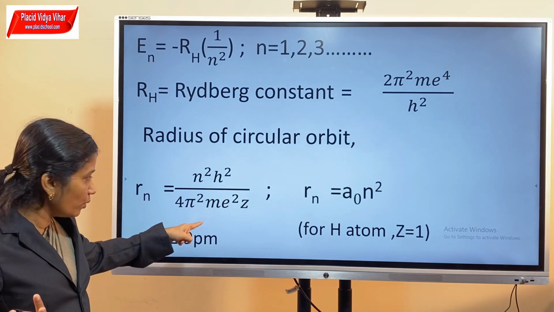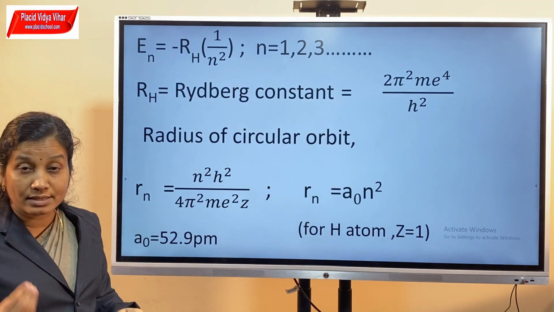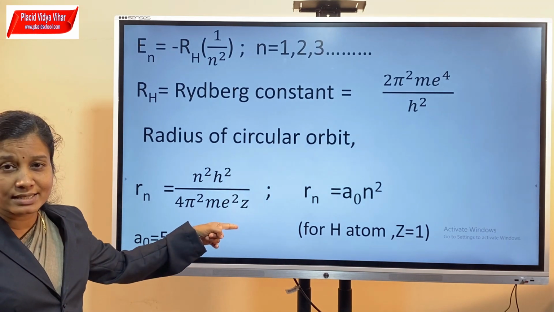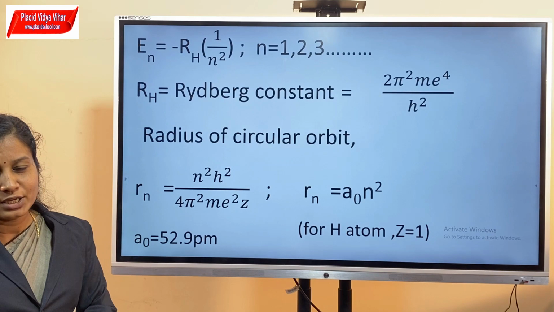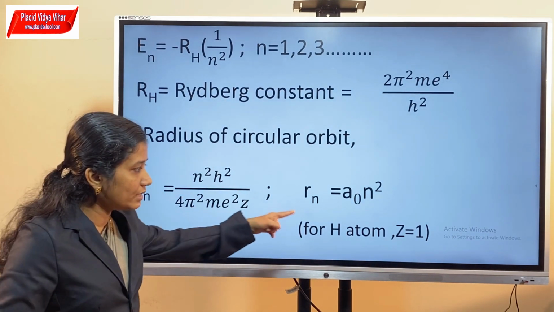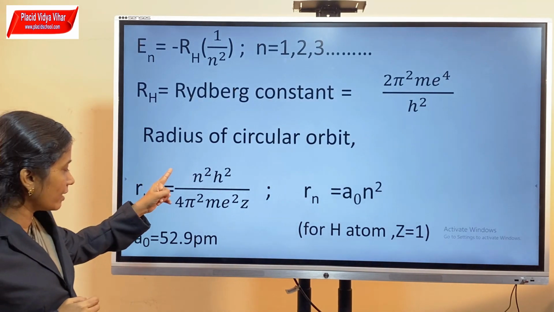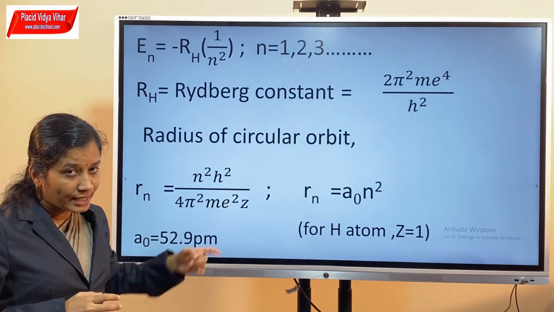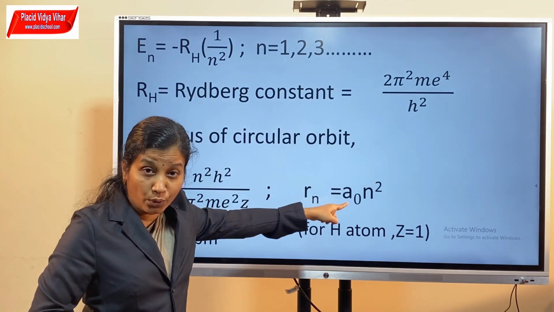Then pi value you know. Then m represents the mass of the electron and e represents the charge. And what is that z? Z represents the atomic number. So atomic number of hydrogen is what? 1. So in hydrogen atom Z is equal to 1, and we substitute all these values like h, m and e. We get the value as Rn is equal to a naught into n square.